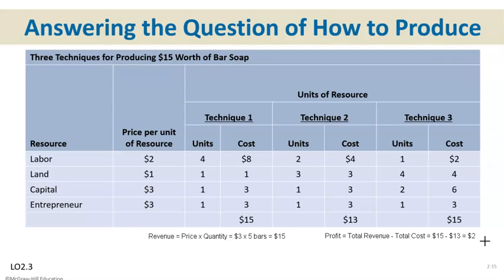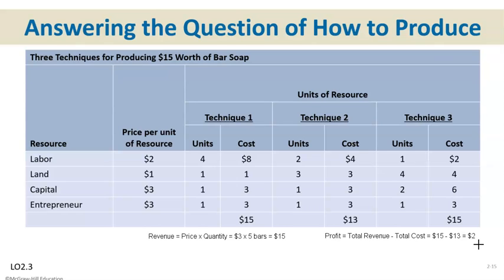And you can even see that in the chart. Notice we have our entrepreneur, that's our business owner here, is getting paid $3. Every time this business makes 5 bars of soap, the entrepreneur gets $3. So they are getting a good steady income. And when the profit is higher than 0, they're getting even more income than they anticipated.